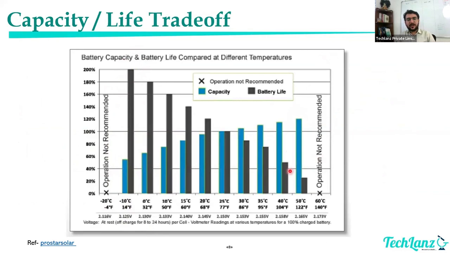Whereas if you keep on operating your battery at high temperature, you get very good capacity, but you get very bad battery life, right? So instead of 5 you may get 6 ampere hour, but your battery life, instead of 1000 cycles, becomes only 200 cycles. So that's why there is a sweet spot.